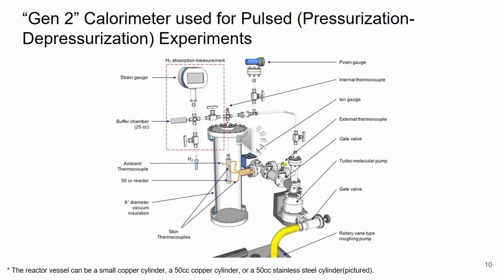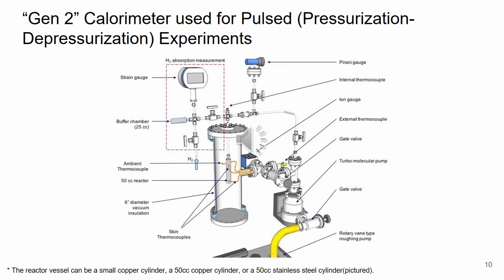The calorimeter used for these measurements consisted of a small 50 cc either stainless steel or copper cylinder that's located in the larger vessel. The particles are placed in this small cylinder.